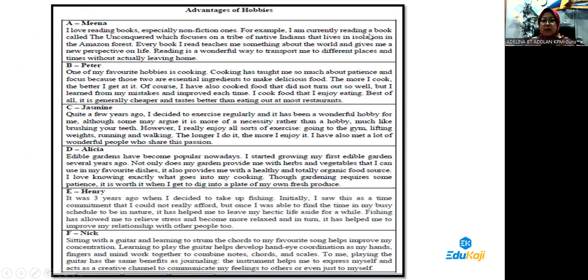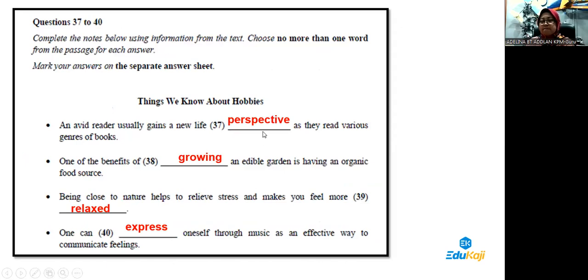For example, I'm currently reading a book called The Unconquered, which focuses on a tribe of native Indians that lives in isolation in the Amazon forest. So every book I read teaches me something about the world and gives me a new perspective. Is it true? Perspective? Yes. See? Life perspective.